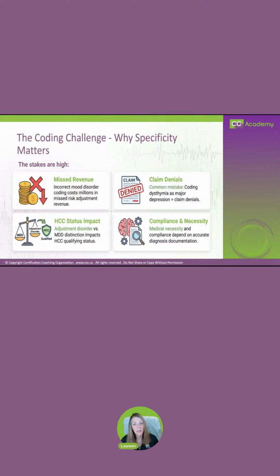From a compliance standpoint, if your documentation doesn't support the code, now you have a different problem. You're opening yourself up to audits and potential recoupments where they want to get their money back. So it isn't just about getting the code right. It's about protecting the organization you work for, maximizing your reimbursement ethically, and staying compliant. That's really why we're here.